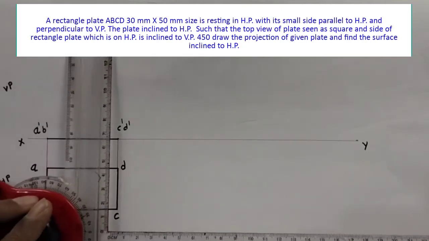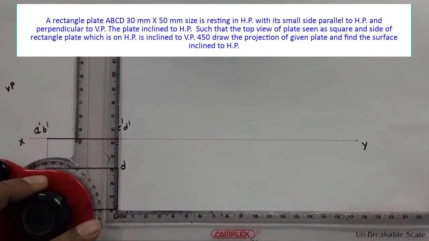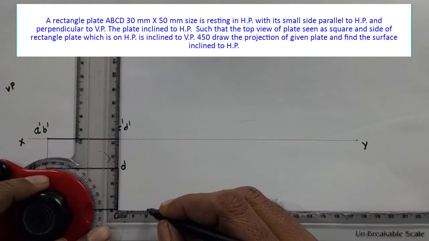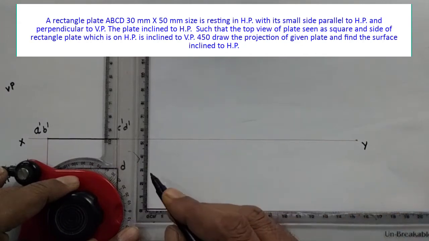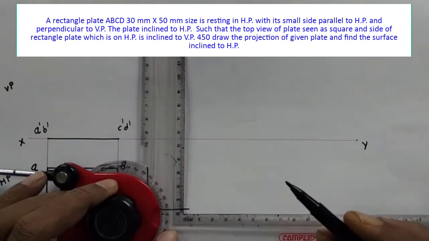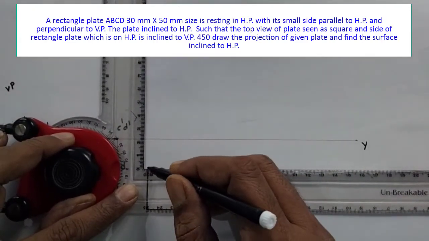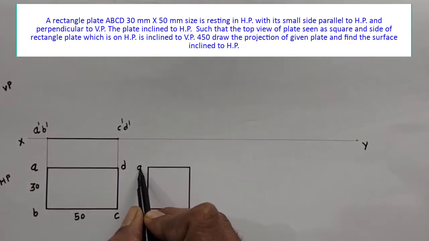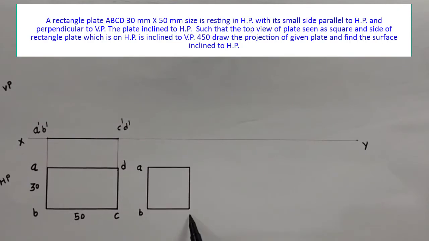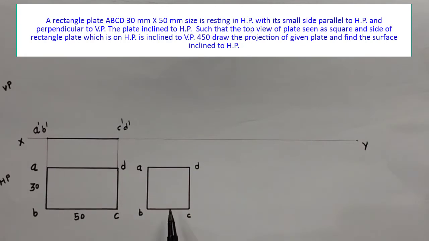So what I do? First I create my 30 by 30 square as per the problem statement. I write this corner A, B, C and D. But actually the plate is inclined to HP.